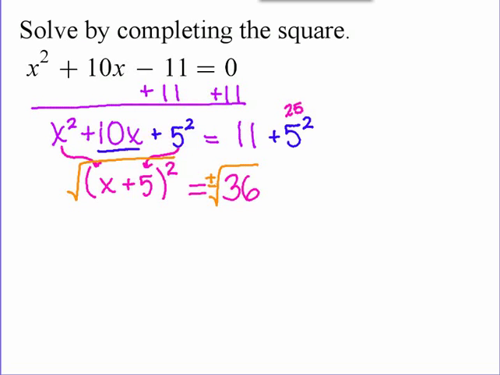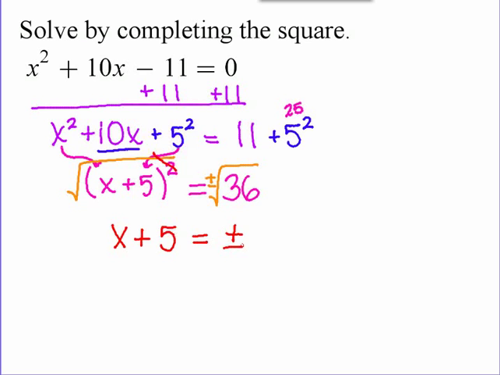When you take the square root of something squared, those two things cancel. That leaves me with x plus 5. On the right side, I've got plus or minus root 36.